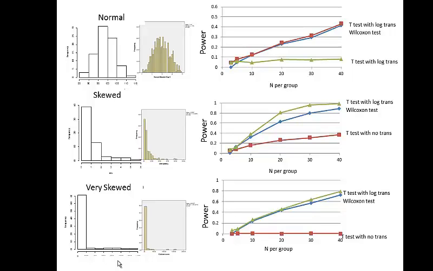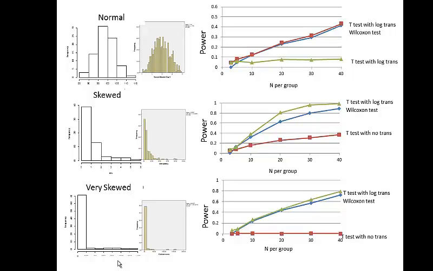I think I mislabeled it: green is the log-transformed t-test, and red is no log transform, so red is a regular t-test. Let's see how much loss of power is happening.